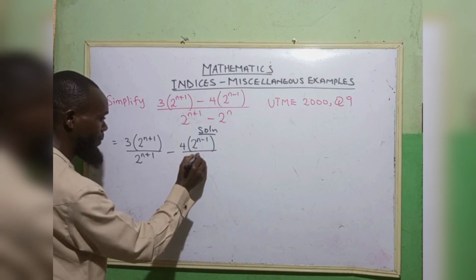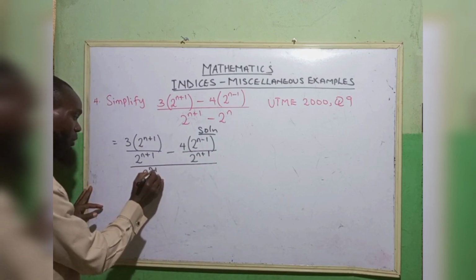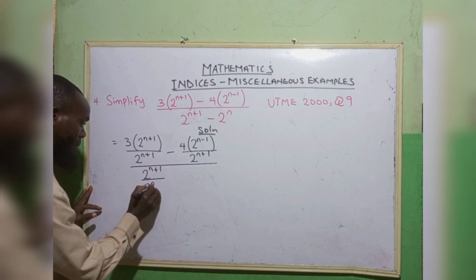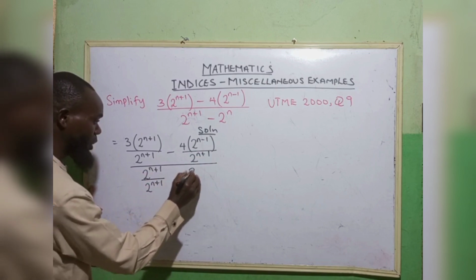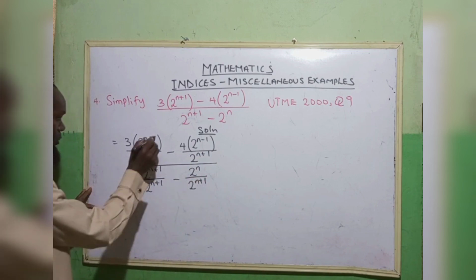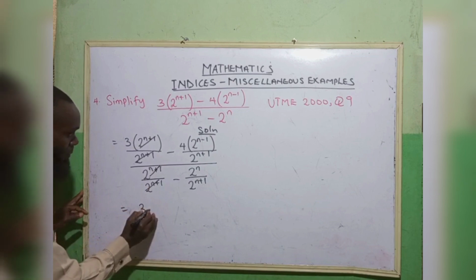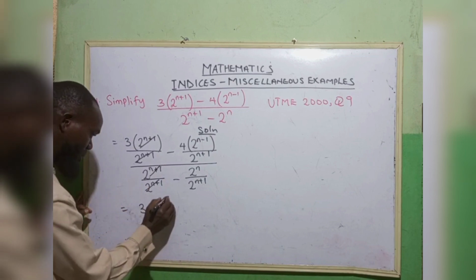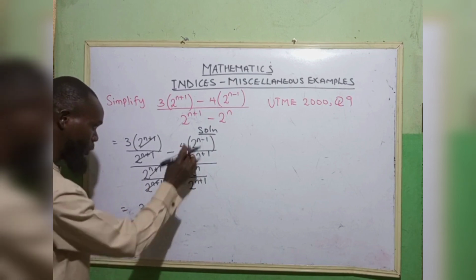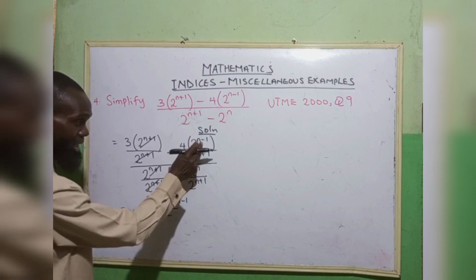all divided by 2 raised to power n plus 1 over 2 raised to power n plus 1 minus 2 raised to power n over 2 raised to power n plus 1. This cancels this, this cancels this. So I'm going to have 3 up there minus 4, open brackets, 2 raised to power n minus 1 here.